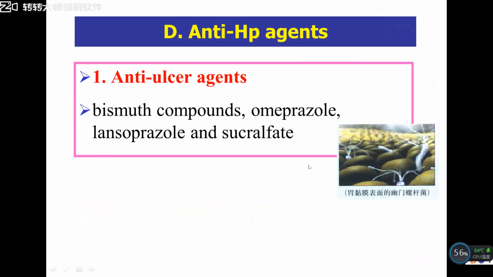Okay. The last kind used to treat gastric ulcer inhibits or kills bacterial infection. For example, among the anti-ulcer agents we just mentioned, some drugs, such as bismuth compounds and hydropotassium ATPase inhibitors, omeprazole and lansoprazole, can inhibit bacterial infection.